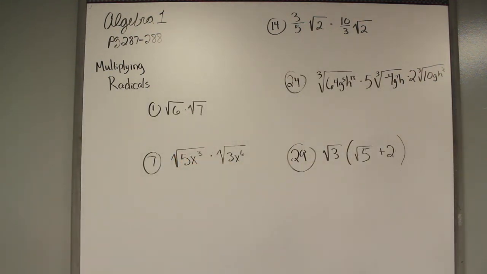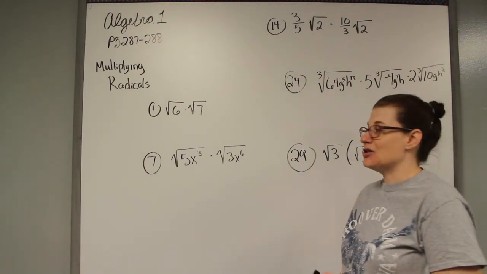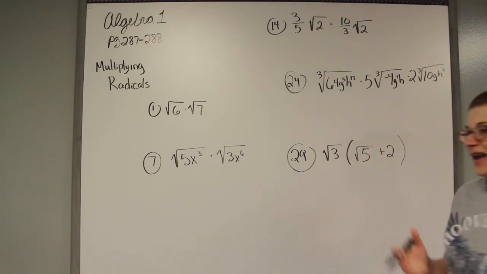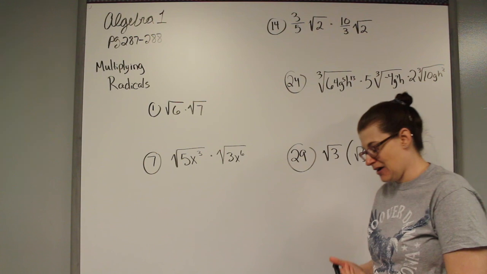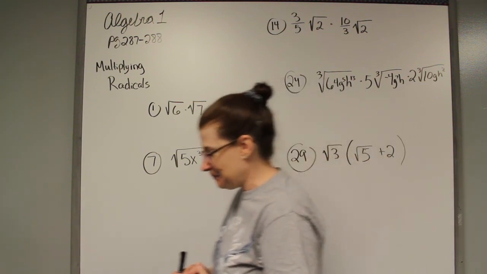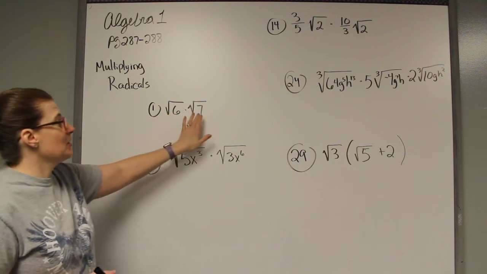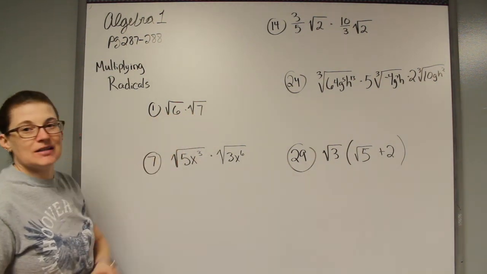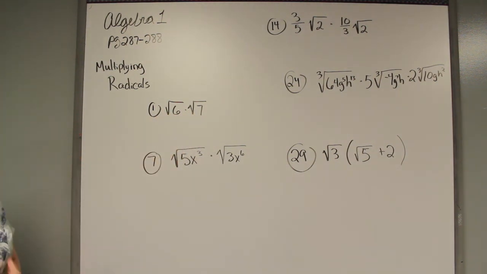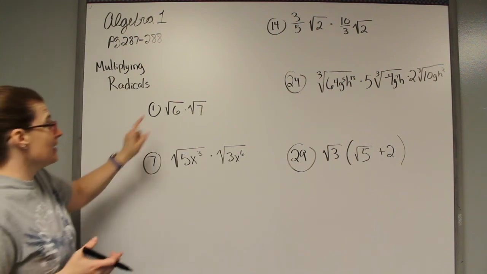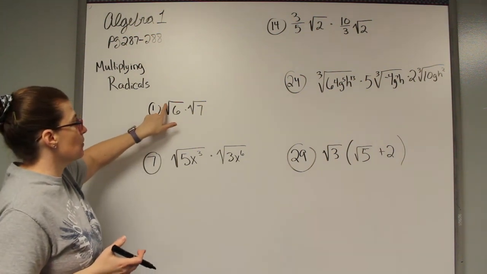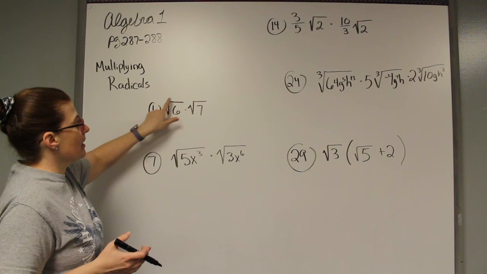So radicals and multiplication. Multiplication is actually easier than adding and subtracting. Just like in fractions, multiplication is easier. That's because you don't have to have a common radical. That means the number inside does not have to match. The numbers on the outside, like the roots, the orders, or the index, have to be the same.